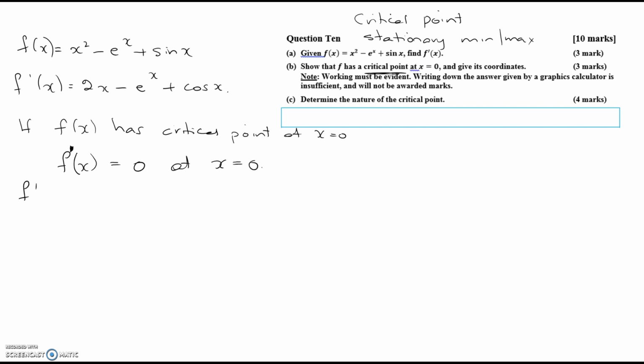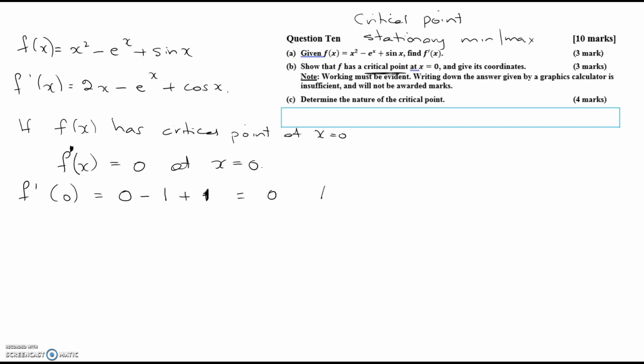So we already know the derivative, now we just have to put in 0. So it's 0 minus e to the 0, which is 1, plus cos of 0, which is 1, so that's equal to 0. So that's fine. That's what we wanted to prove.